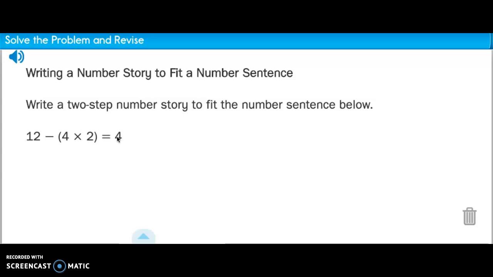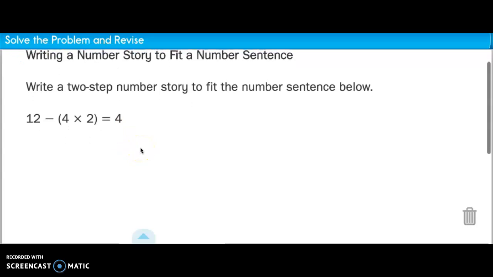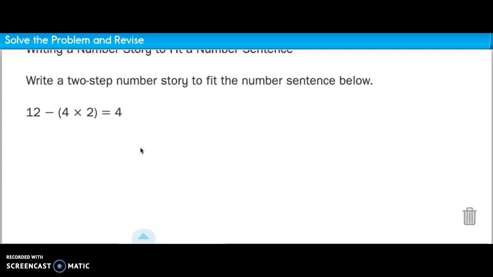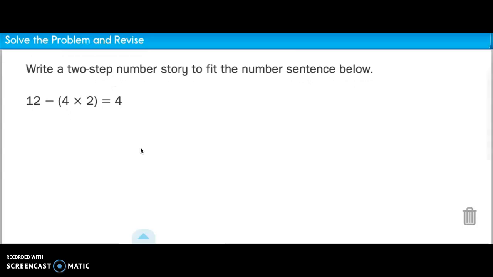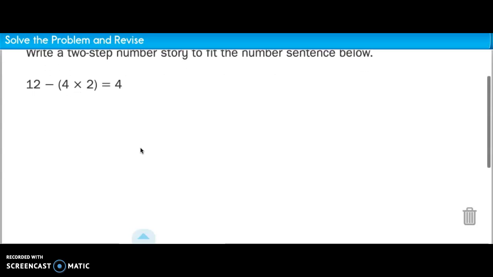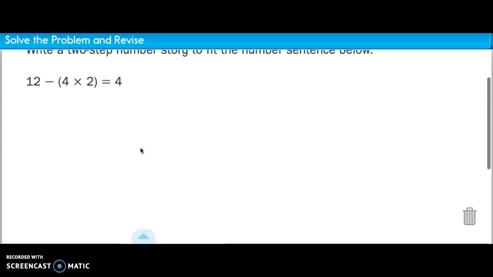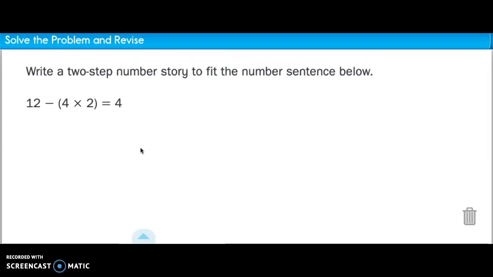So now we're going to try to come up with a story that goes with the number sentence. Now your story might be different than mine. I hope it is. It just needs to fit the number sentence. It just has to make sense. So I'm going to give you a couple options that you could have done, and maybe you can revise yours.